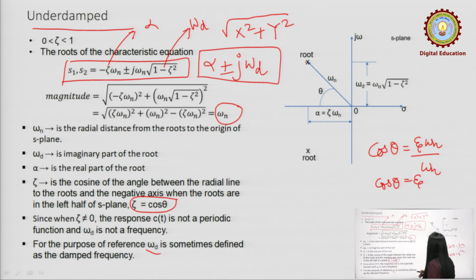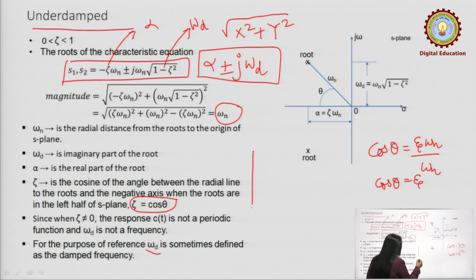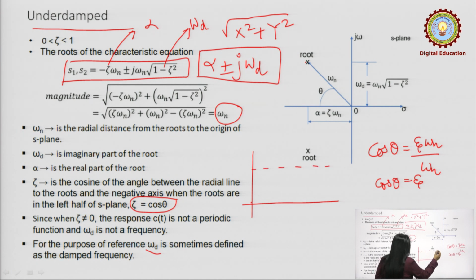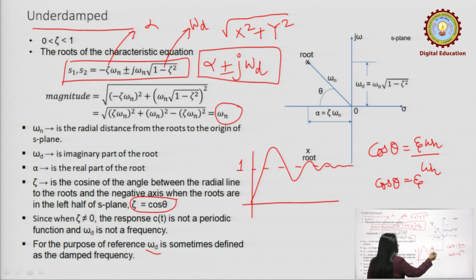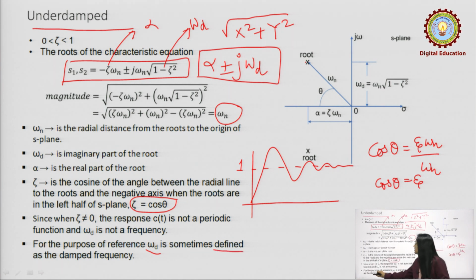So, what will the relation look like? Let's solve here. The typical response will look like this. If this is our unit step input 1, the response will simply look like this. There are oscillations, but the oscillations die out after a certain period of time, and therefore we define omega d as the damped frequency.